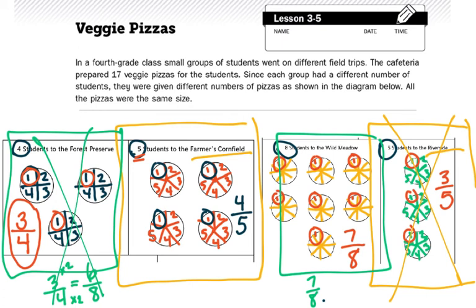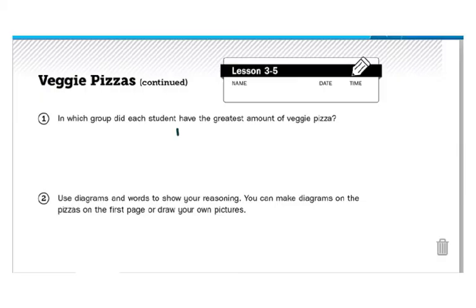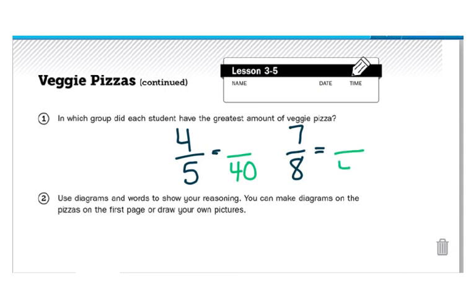And now what I need to do is decide which one is greater, 4/5 or 7/8. I'm actually going to give them the same denominator. If I change each one to 40ths, go ahead and write this on your whiteboard.